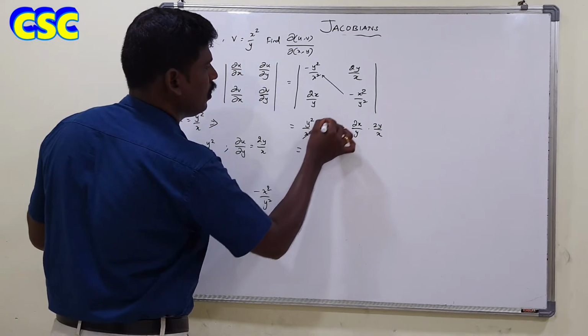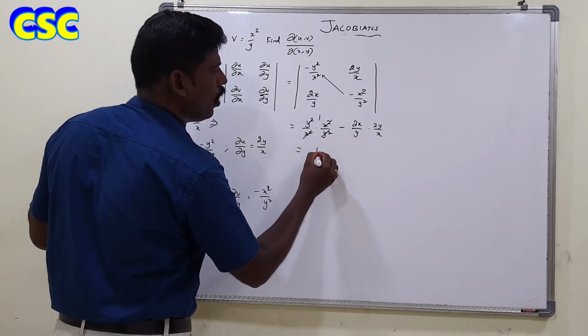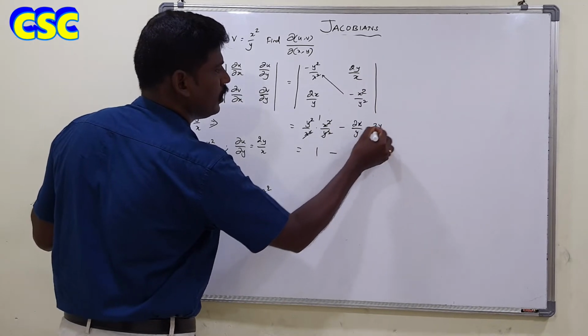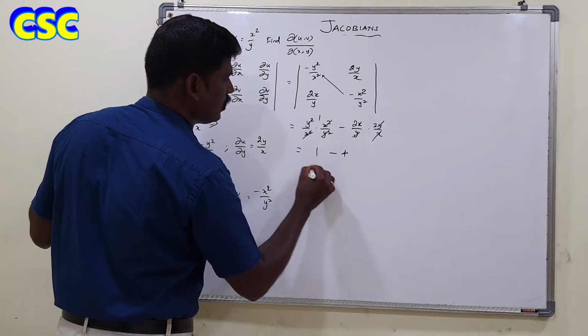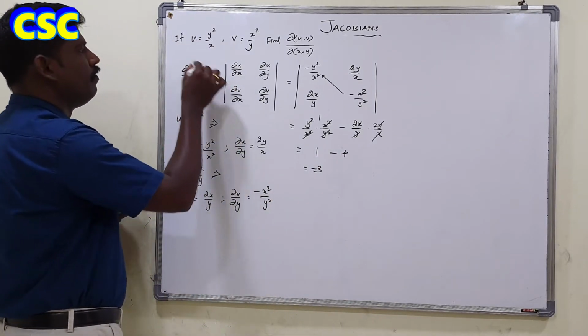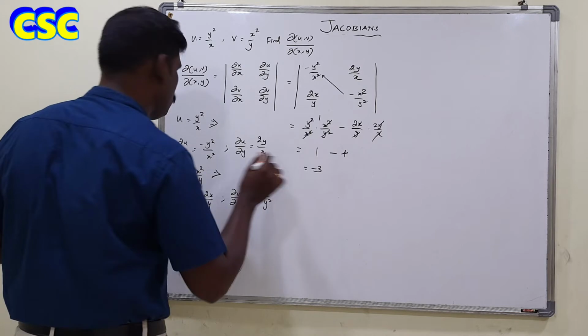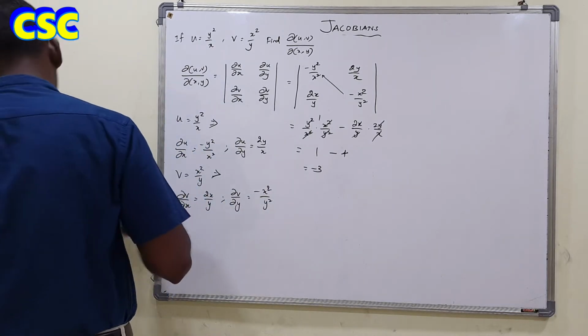We can cancel each and everything, remaining 1, minus. Similarly, we can cancel x with x, y with y. 2 twos are 4, 1 minus 4 is equal to minus 3. So minus 3 is the value of ∂(u,v)/∂(x,y).